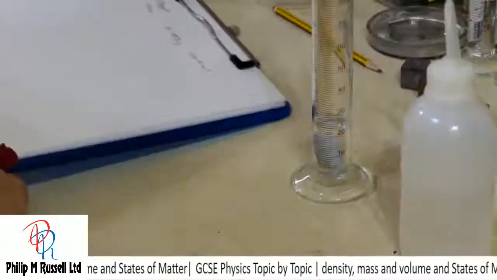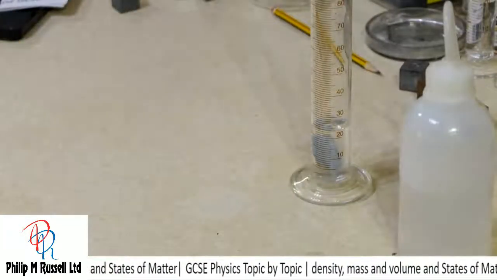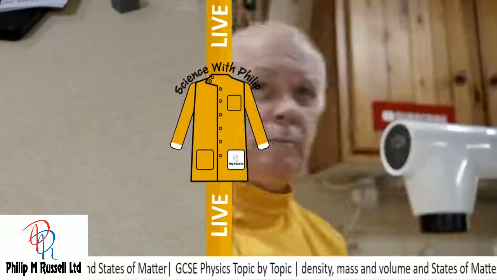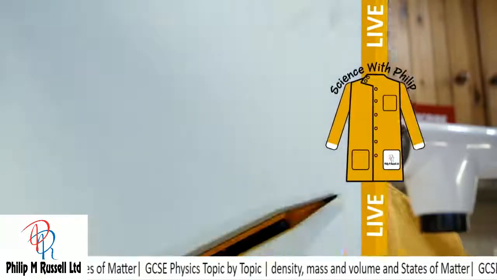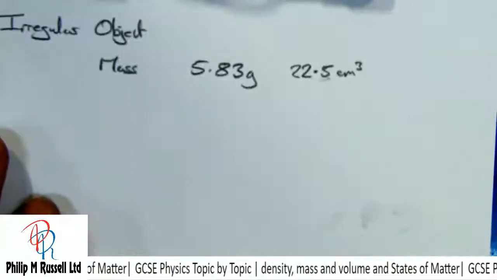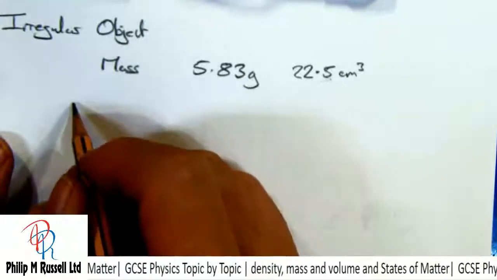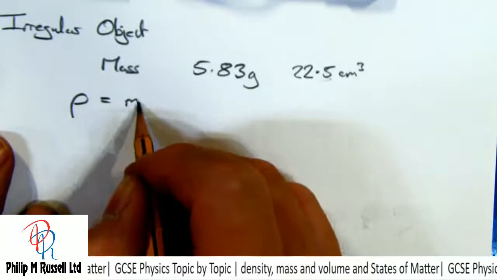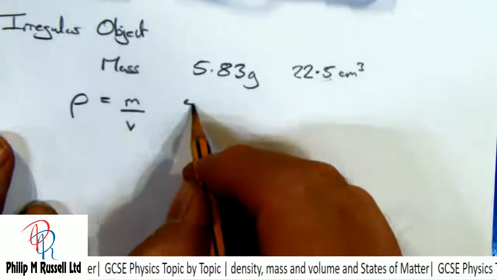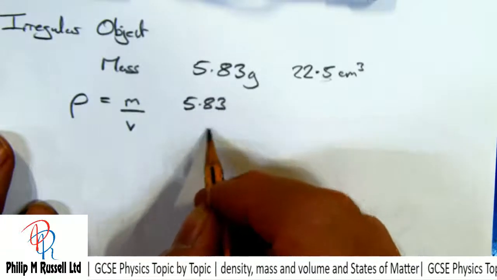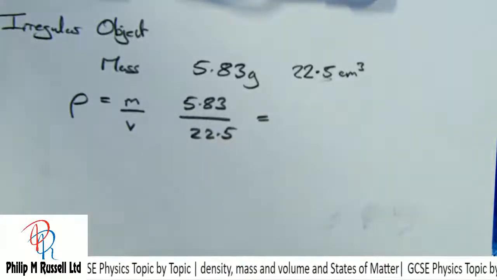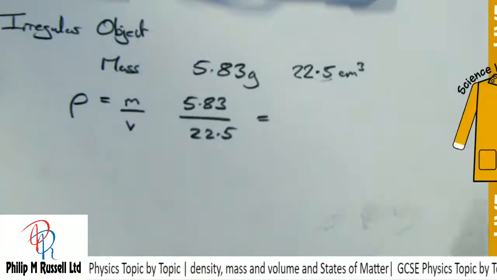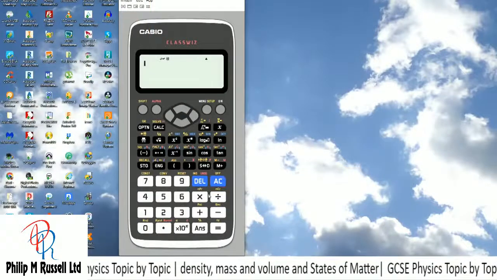Back to the calculator. You can work out what's going on here. So there are my values. My density is going to be the mass over the volume, which is my 5.83 divided by my 22.5, and let's just put them into the calculator quickly.